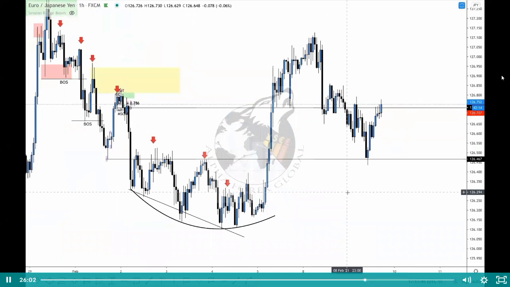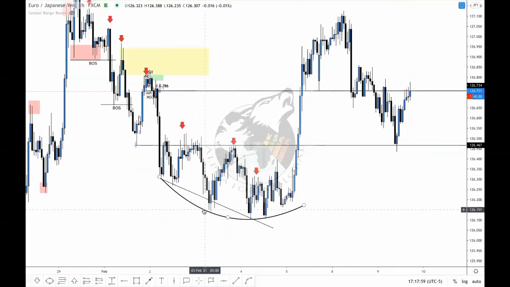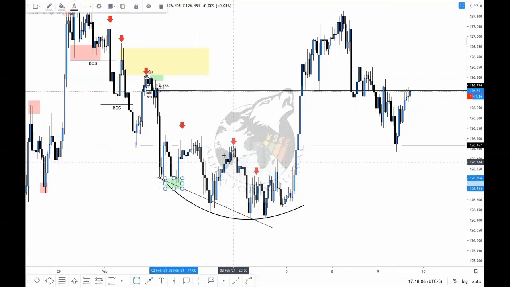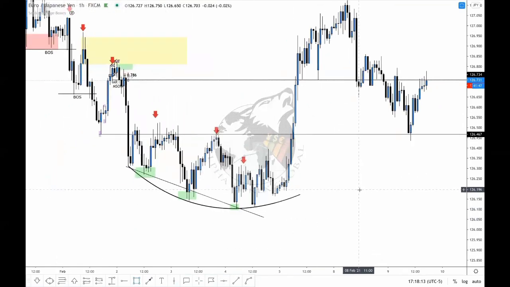So what we want to see where structure is concerned is market to break to the upside on the 1 hour time frame, because the 1 hour is basically showing us the transition, right, for the 4 hour time frame. So here we realize that the market is still making lower highs and lower lows. Here we have lower low, lower low, and then market created a lower low here, right? Lower high, lower low, lower high, lower low, lower high, lower low.